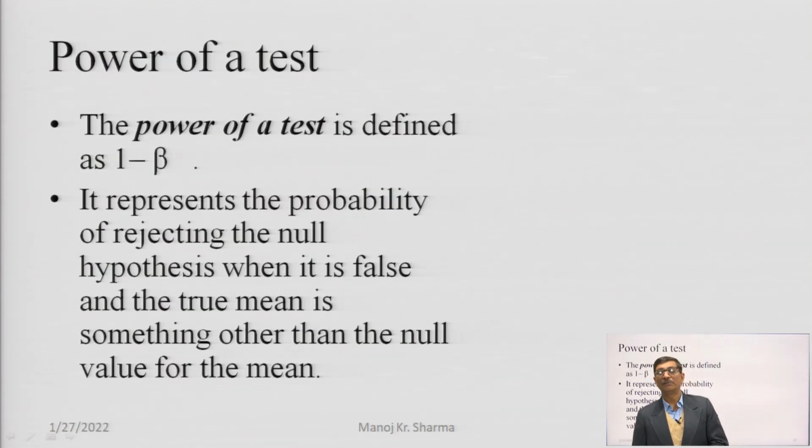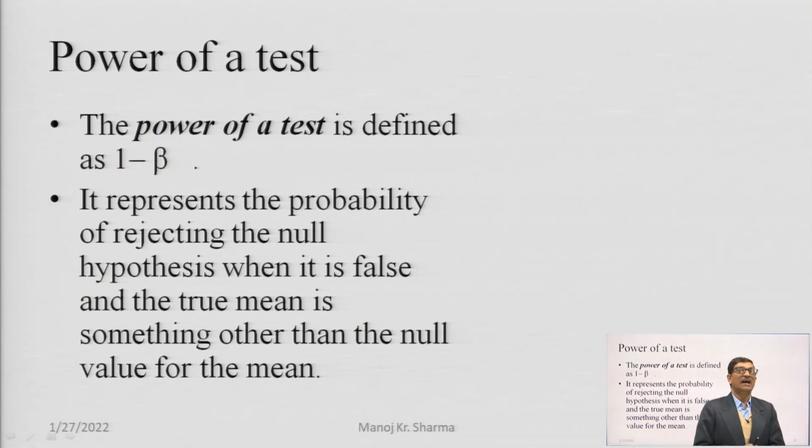Now, another term is power of a test. The power of a test is defined as 1 minus beta, or you can say it represents the probability to reject the null hypothesis when it is false, and the true mean is something other than the null value for the mean.